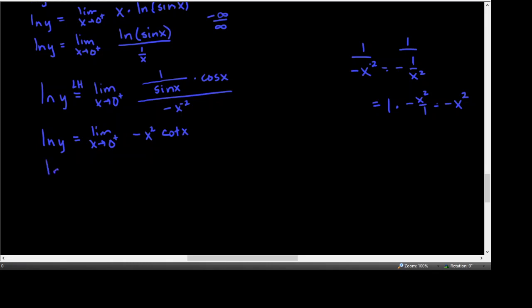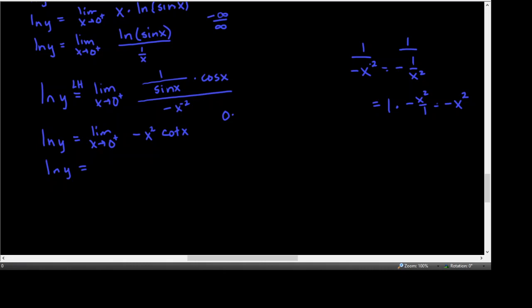Now we try substitution, and we hope it works. 0 squared, of course, is headed towards 0. And cotangent of x. I could have left it as cosine over sine, because that's probably how I'm going to think this through.